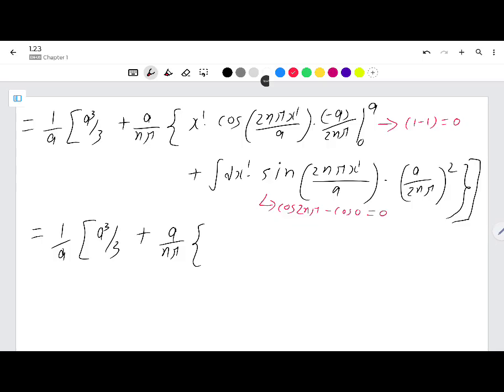So this integral turns out to be 0, and this is a squared by 3. Okay, so sorry, this is not 1 minus 1, it will be 1 minus 0. So this will be 1, and this part will cancel out. This term will be 0.